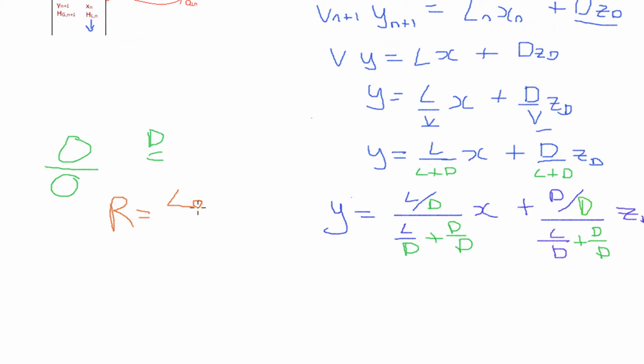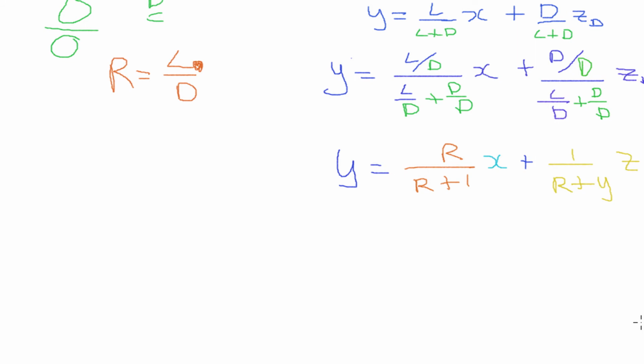However, because we assume that constant molar overflow applies, this term L0 is also equal to L. So the reflux ratio is the ratio of the liquid flowing back into the column to the distillate leaving. So R, the reflux ratio, is equal to L over D. We can now substitute it into this equation and further simplify it.